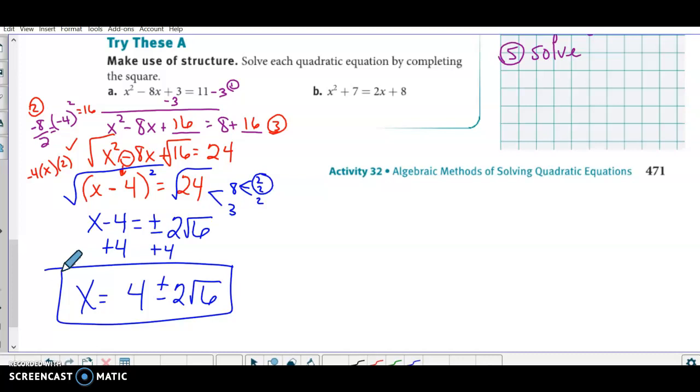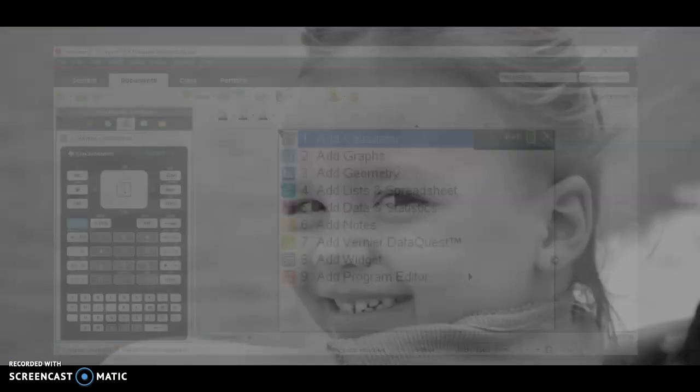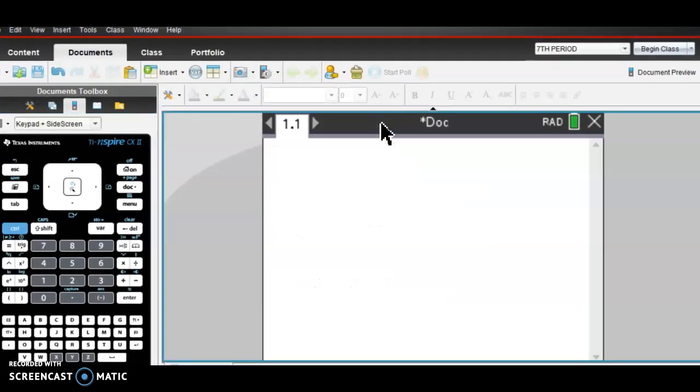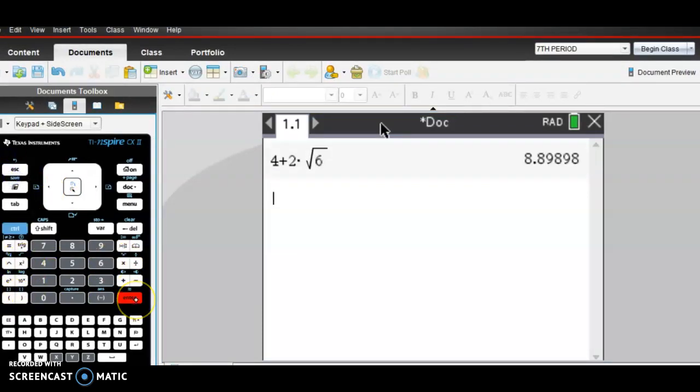So what does this mean? This means that if I take 4 plus 2 on the square root of 6 and 4 minus 2 on the square root of 6, oh, I missed my 6, sorry about that.